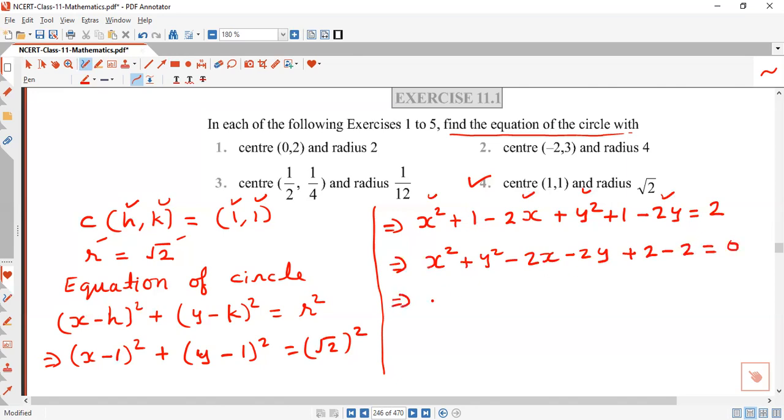So the equation is x square plus y square minus 2x minus 2y equal to 0. This is the equation for this question.